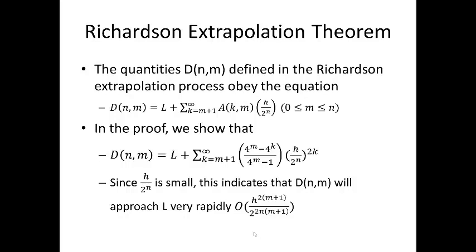And in the proof we actually show that D(n,n) is equal to L plus the summation of these two terms. Now, since this h over 2^n is very small, this indicates that D(n,m) will approach L very rapidly. And in fact, it will approach it on this order, which is absolutely astounding.